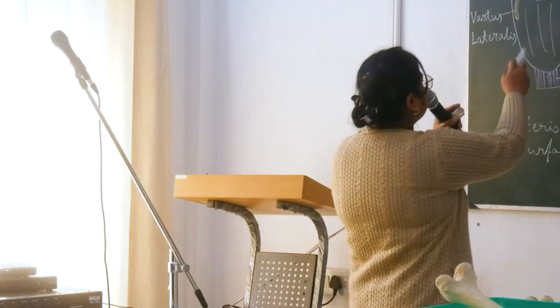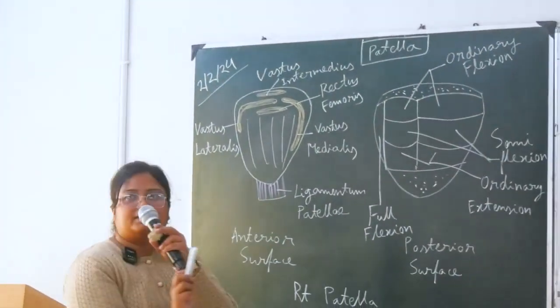How will you identify anterior and posterior surface? In the posterior surface, there is a larger articular area. See here in this view, this is the anterior view, here is the posterior view.